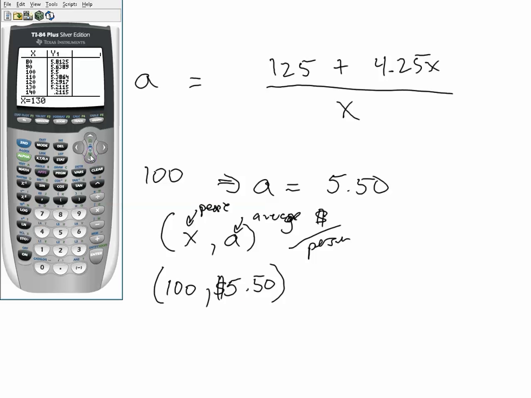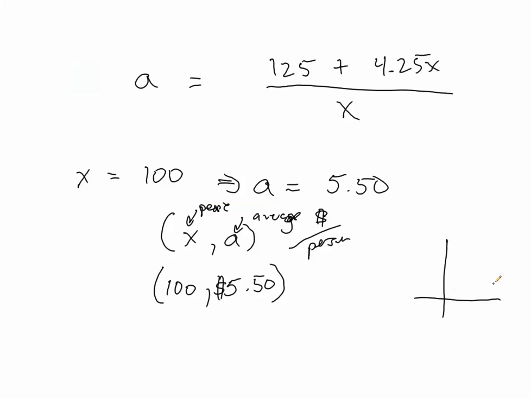As we go up and up and up, we want to understand what's happening to the average cost. We notice quickly that the average cost seems to be slowing down. So what is it slowing down to? Normally in a lot of our functions, the value of y seems to be approaching 0.